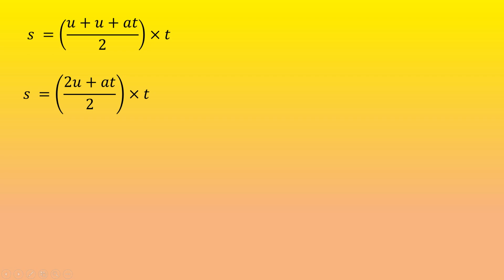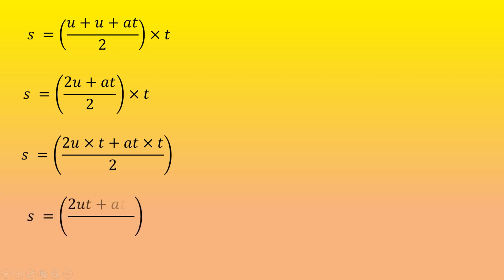So I get s is equal to 2u into t plus at into t, divided by 2. Multiplying, we get s is equal to 2ut plus at into t, that is at square, divided by 2.